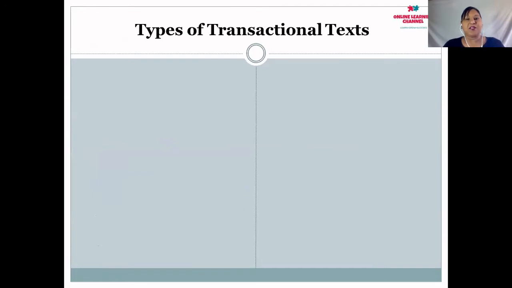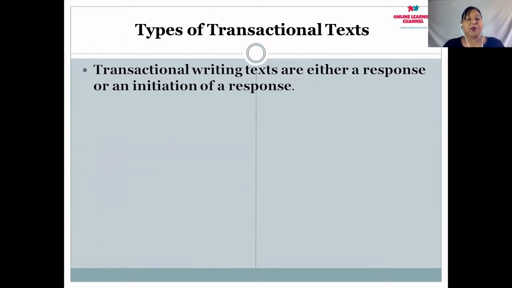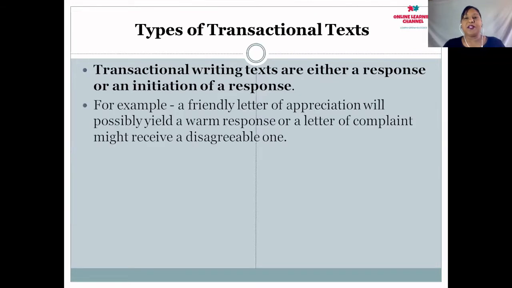So the types of transactional text we normally are faced with are the following. Before we go into that, transactional writing texts are either a response or an initiation of a response. What we mean by initiation of a response is when you initiate contact, when you start a response, when you openly invite somebody, so you're initiating something, you are beginning a friendship.